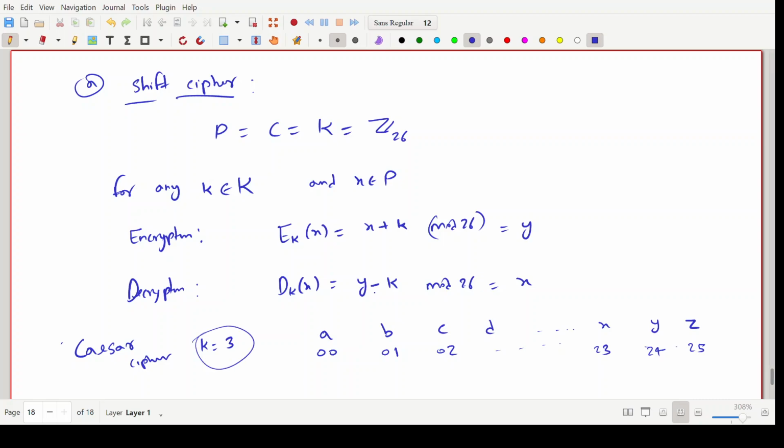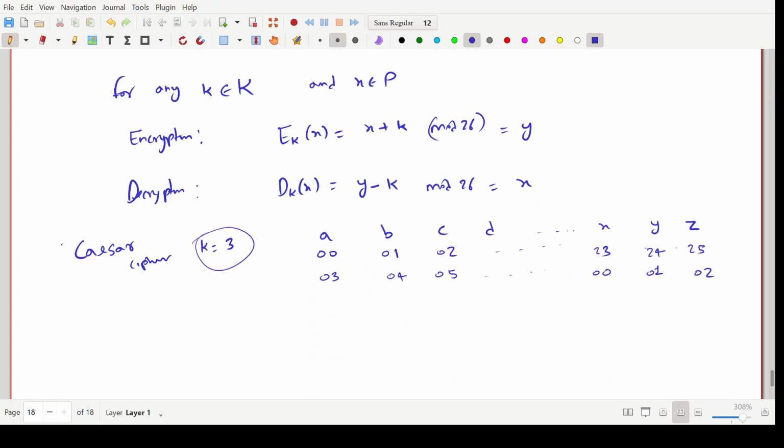In Caesar cipher, if you encrypt, this becomes 3, this becomes 4, this becomes 5, and so on up to 26, which modulo 26 is 0, then 27 is 1. But what is 03? 03 is your D. So A is replaced by D, then E, F, and the last ones are replaced by A, B, and C.